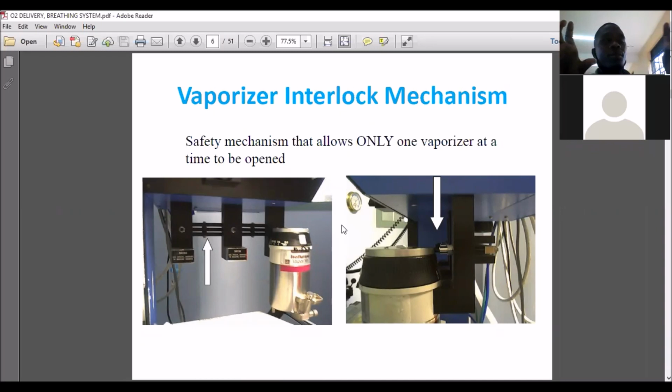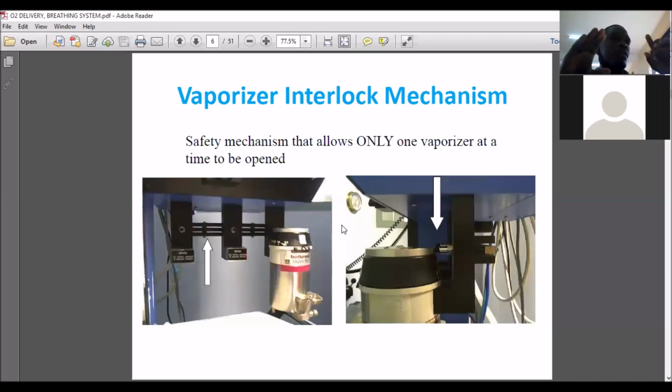If you see those machines, they always have 3, 4, and each one of them has a specific vaporizer. It's a vaporizer of a specific anesthetic agent. You may find you connected all 3, and just use what you feel like at every particular time.